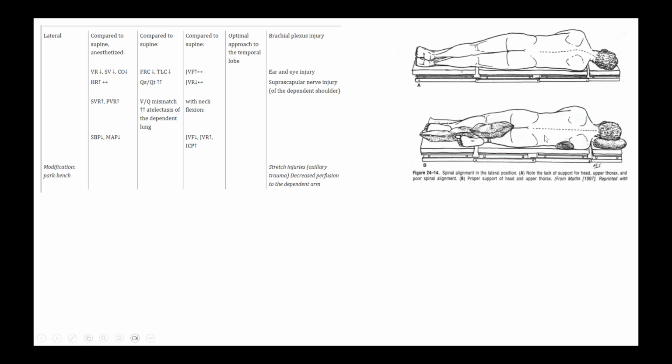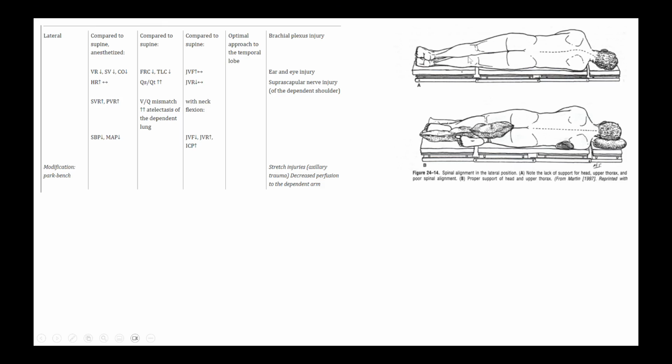So when you place the patient in lateral like this, you have to give proper support to the head and make the spine come into alignment. Both the cervical and thoracic spine should come into alignment. Give a roll under the shoulder, under the scapula, to prevent pressure, and give a pillow between the two legs. And you can see the lower leg is flexed and the upper leg is straight. So that is the correct positioning.